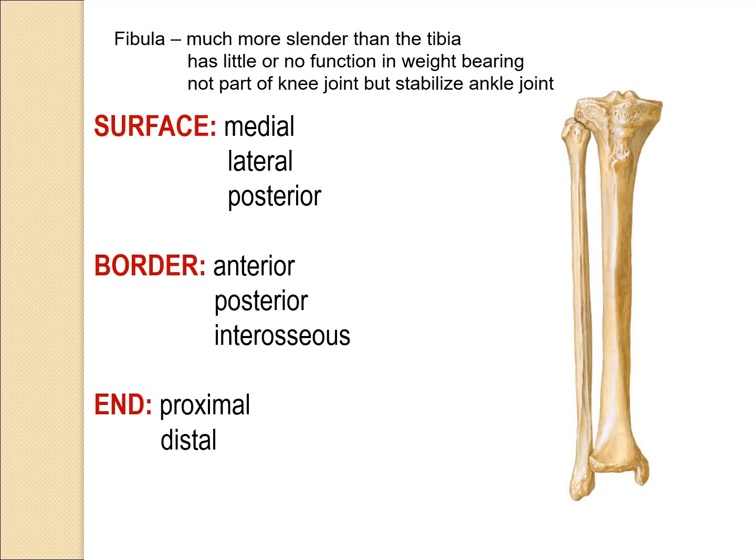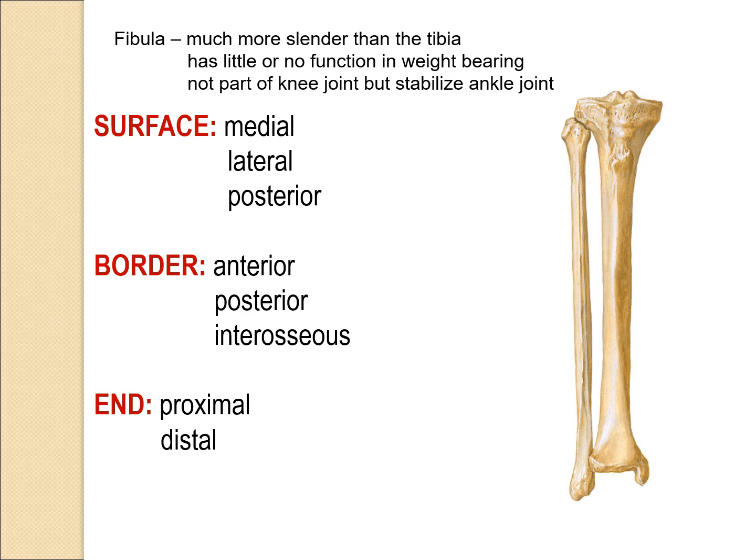Fibula is a long, slender lateral bone of the leg and does not take part in the transmission of the body weight. The fibula is not a part of knee joint, but stabilizes ankle joint. It consists of 3 parts.